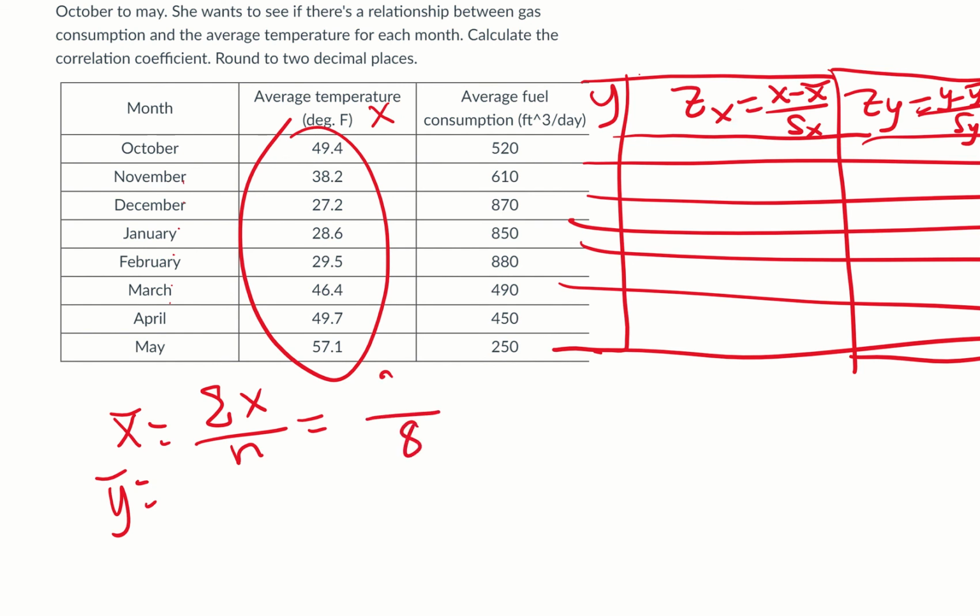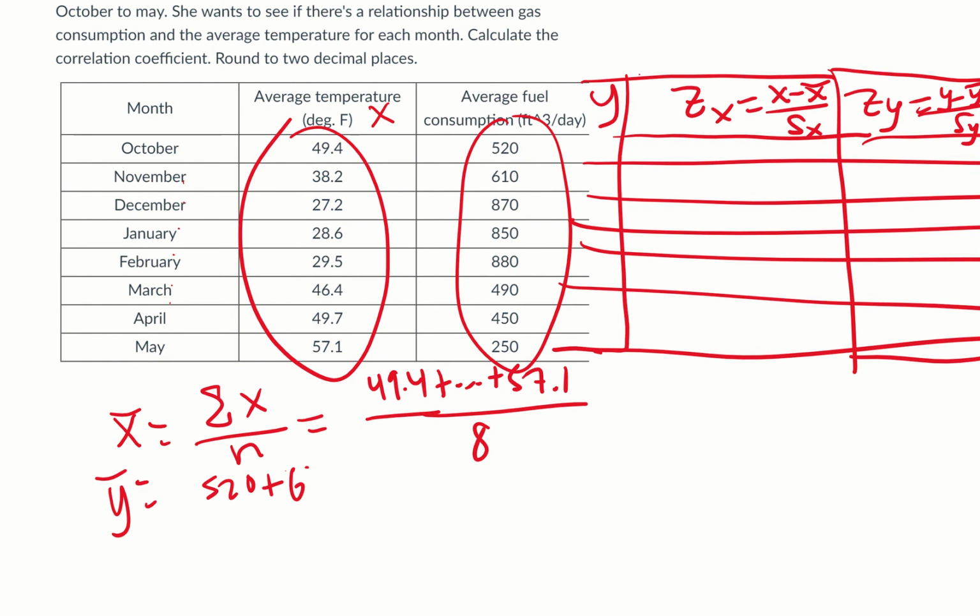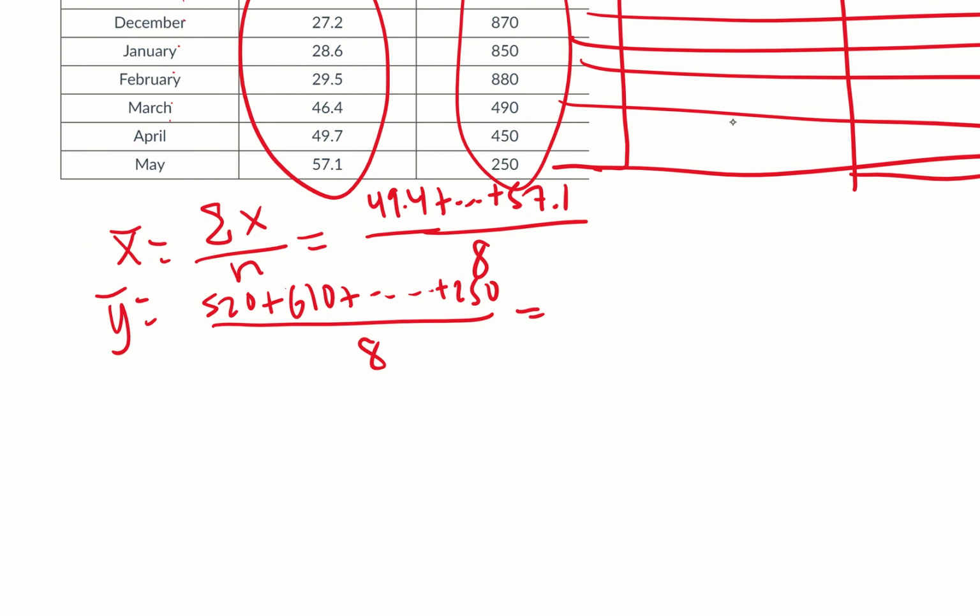We add up all these numbers: 49.4, dot, dot, dot, all the way to 57.1, and then divide that by 8. And we rinse and repeat for Y: 520, plus 610, plus dot, dot, dot, all the way to 250, over 8. And we have to do the SX and then the SY.